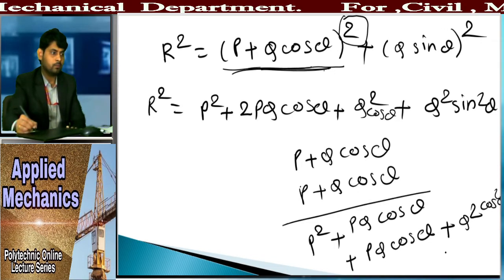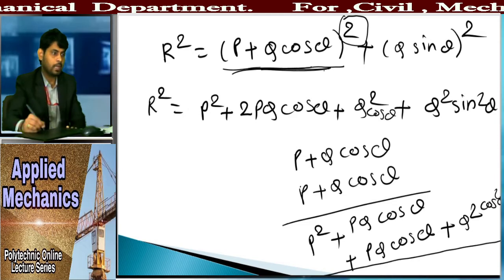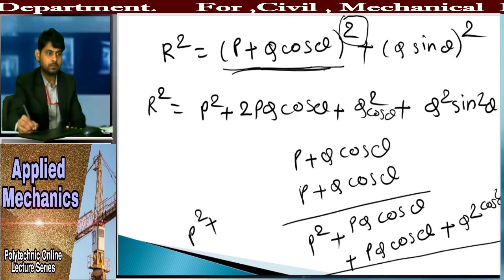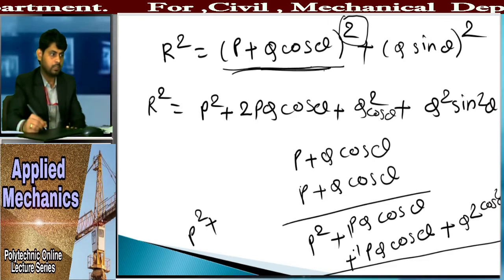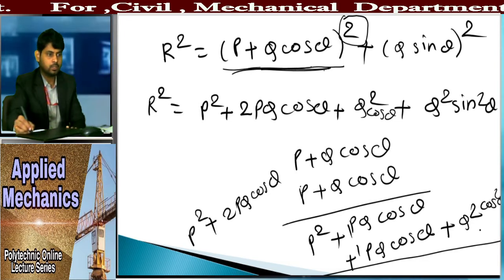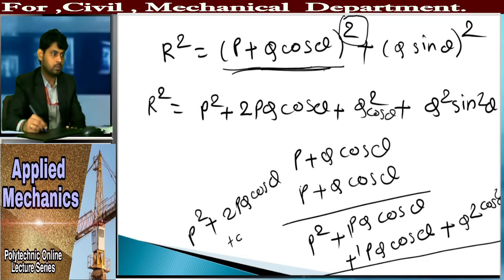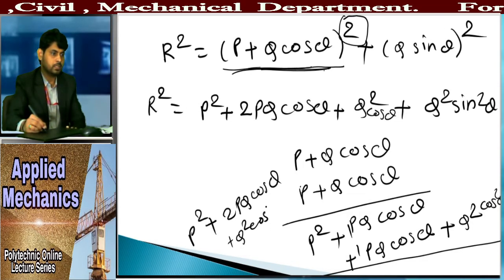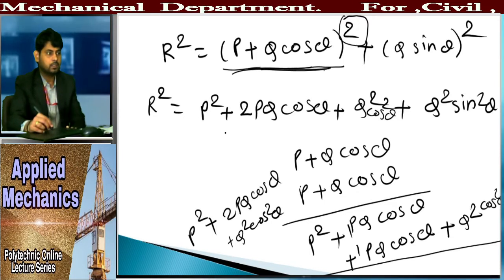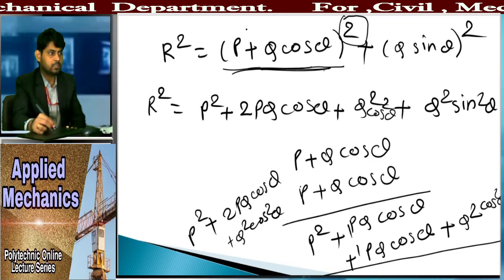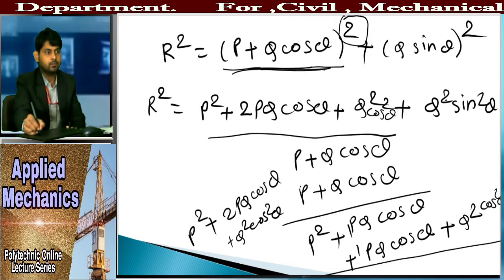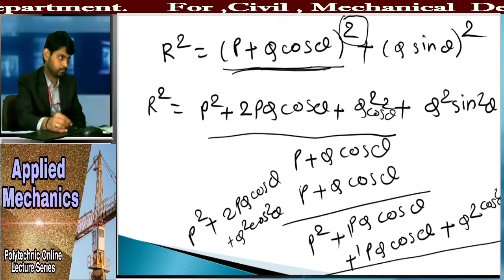So the whole term is P square plus PQ cos theta plus PQ cos theta, that is 2PQ cos theta, and Q square cos square theta. This is similar to the earlier term, so we can take it directly.